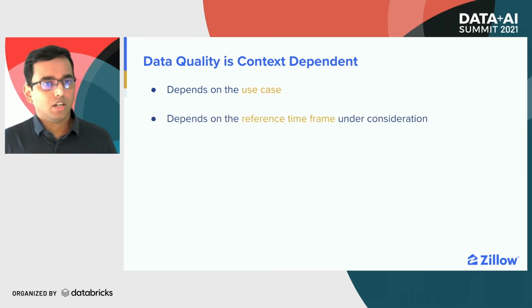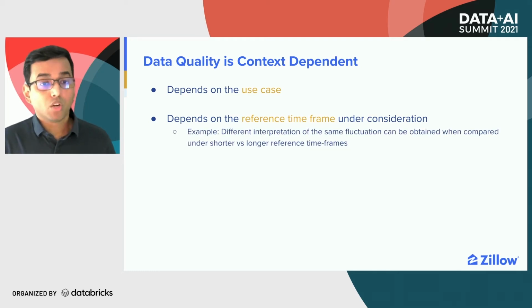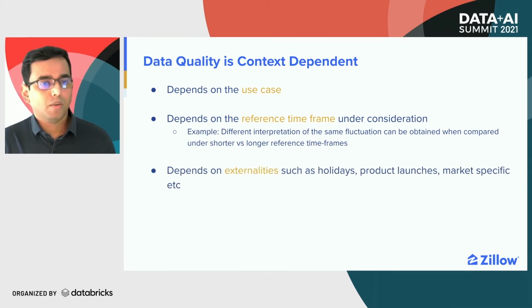Also, data quality depends on the reference time frame. It changes a lot when you observe over a shorter time window versus a longer time window. One good example is COVID. If you take a time frame from COVID, it might not look anomalous unless you're taking a reference time frame from the past few years. Also, temporal patterns depend on lots of internal and external factors.